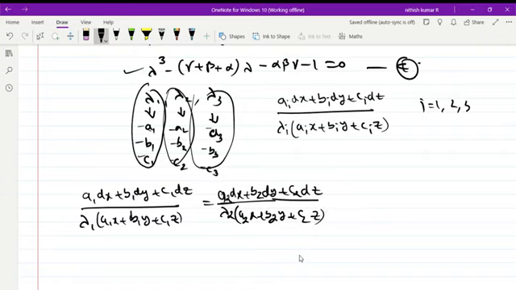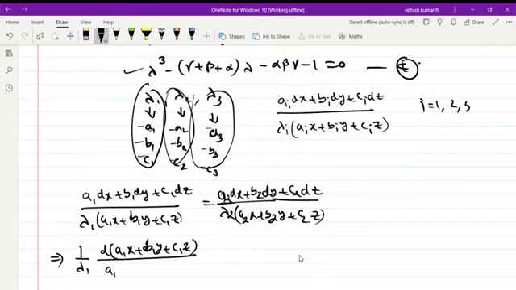Now I'm writing the numerator as d of a1x plus b1y plus c1z. The derivative of this is nothing but a1 dx, b1 dy, c1 dz, and the denominator is as it is.